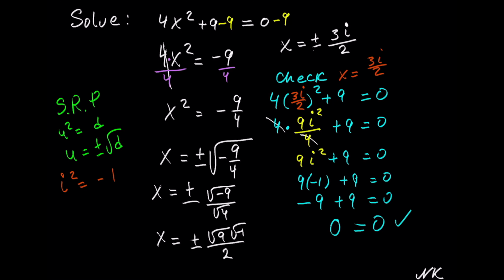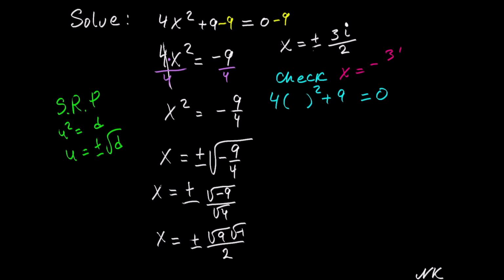Let's check x is equal to negative 3i out of 2 by plugging it into the original equation. So we have negative 3i out of 2. So we have 4 times negative 3i out of 2 raised to the second power plus 9 is equal to 0. So we get 4 times, let's square negative 3i out of 2.